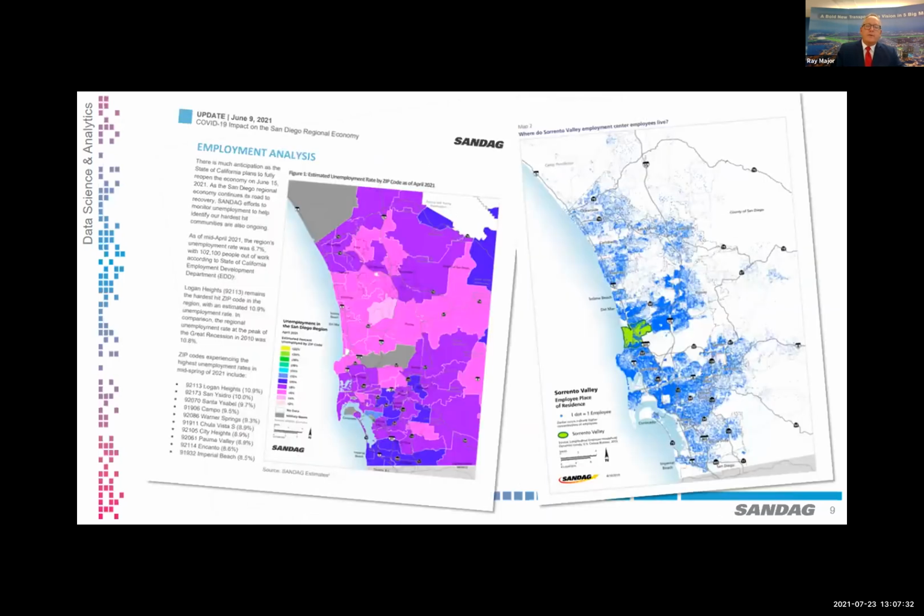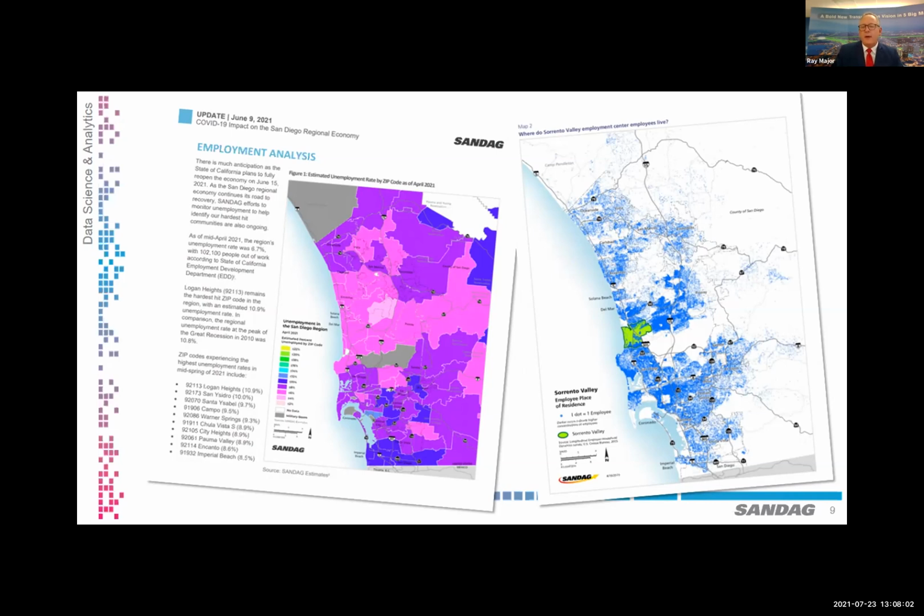We've also taken a tremendous amount of time to try to really understand the San Diego region at a much lower level. And so typically the data that we use ends up in a model and you really don't see it, and it's hard to make it actionable at a low level of geography. But a lot of what we're trying to do, like for instance, with the employment analysis, we were putting out weekly updates on unemployment as we were going through the COVID crisis, as we had people losing their jobs all over the region.